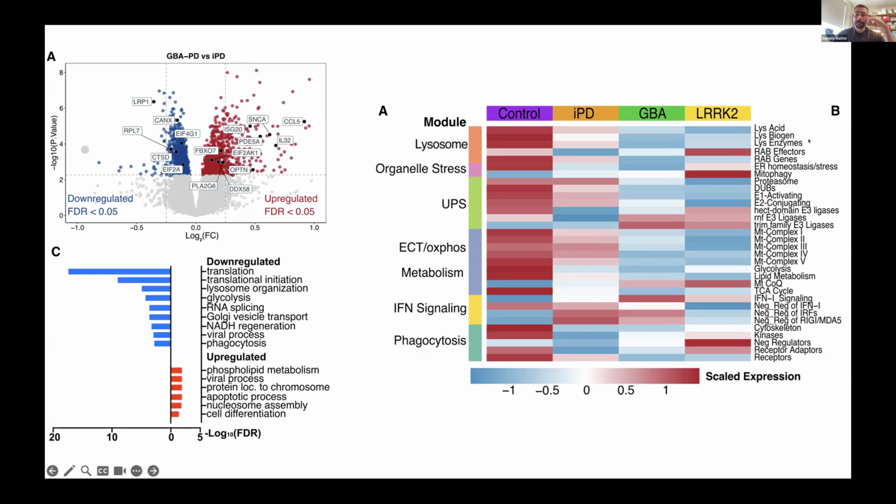And these are some of these gene sets that I compiled, and we compared their expression overall across controls, idiopathic PD, GBA1 PD, and LRRK2 PD monocytes.